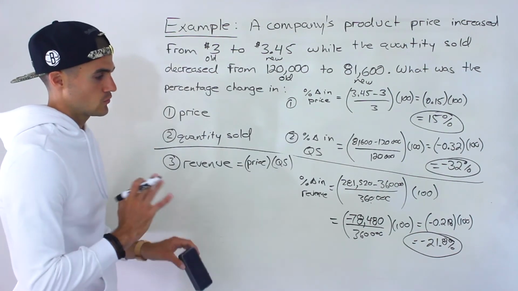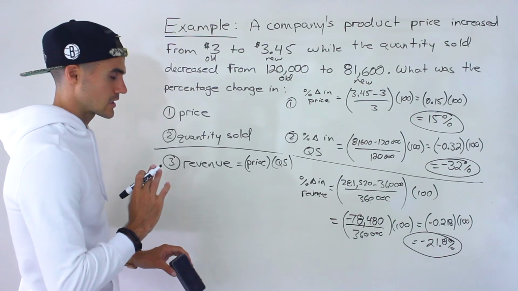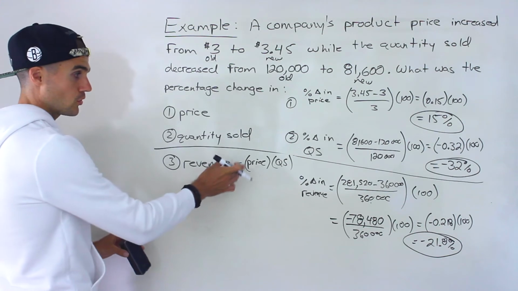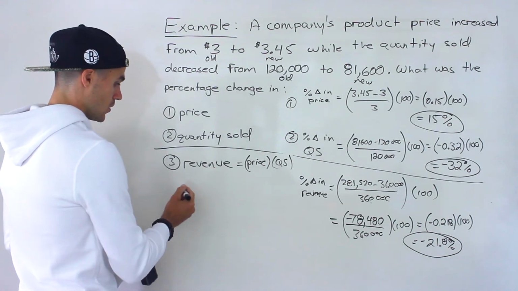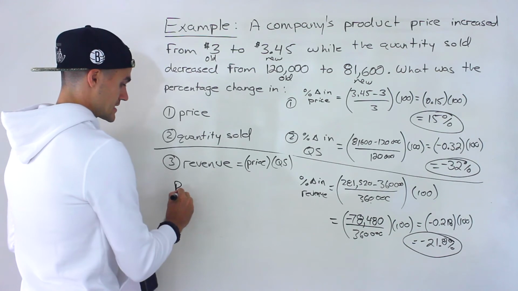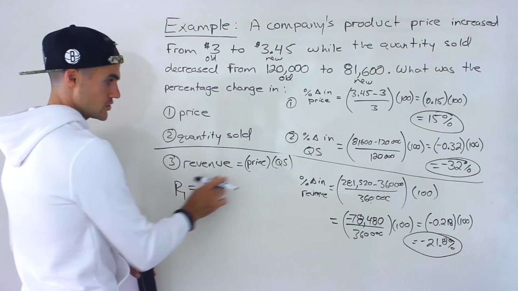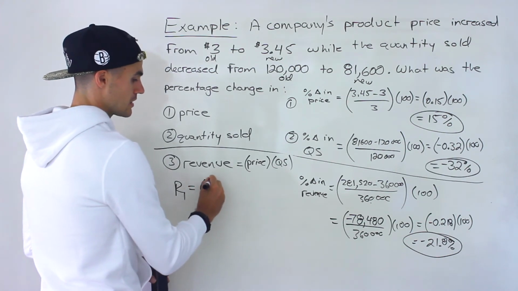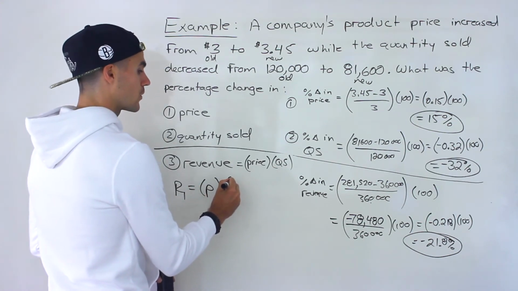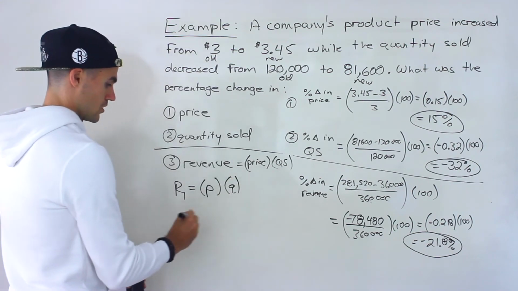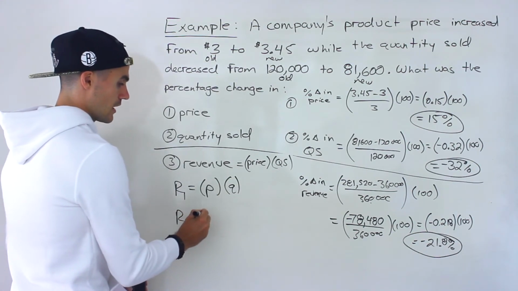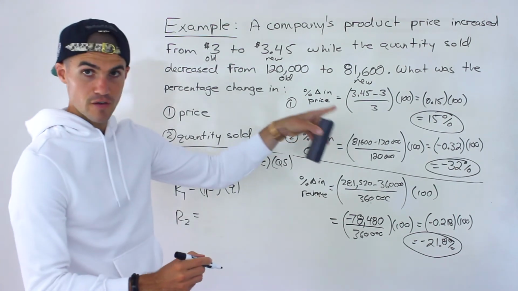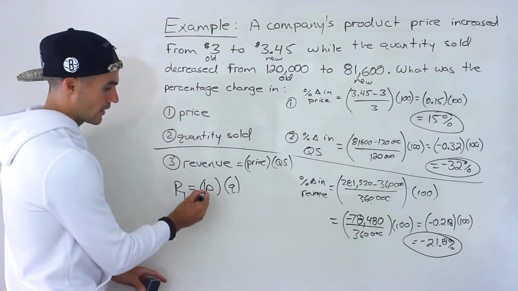Now, to do it the second way, this is the less common way to do it, but because we have these percentage changes here, and revenue only depends on those two percentages, what we can do is we can say the initial revenue, we can just put variables for these two. So let's say that the variable for price is P, and then the variable for quantity sold is Q. So what's the new revenue going to be then? Well, we have 1P over here, so if the price increases by 15%, what's 15% of 1?